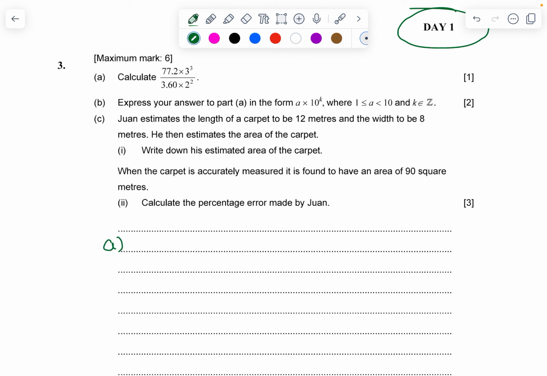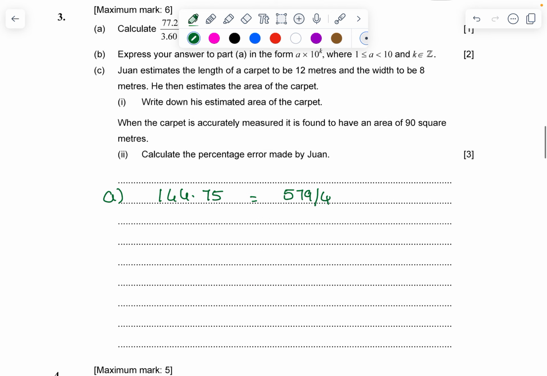So this is just keyed into the calculator. You should be able to get 144.75. That's just using the calculator skills. Or you can write it in fraction form, 579 divided by 4. Part B. Express your answer in the form a times 10 to the power of k. So it should be 1.4475.